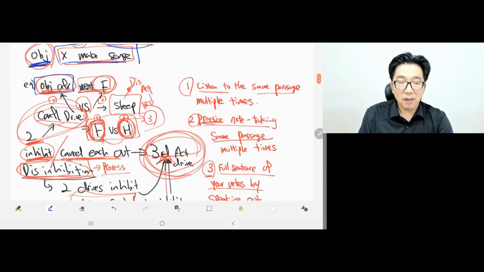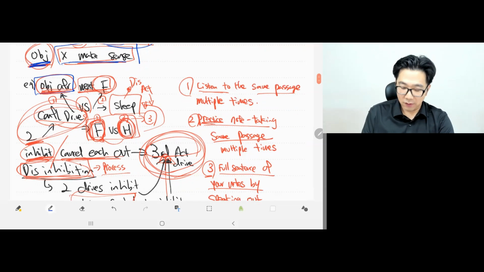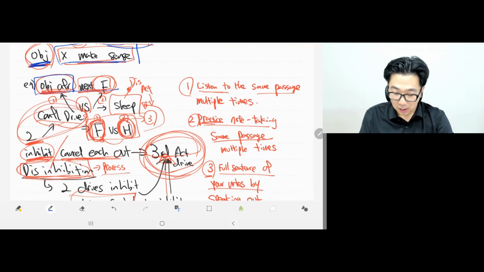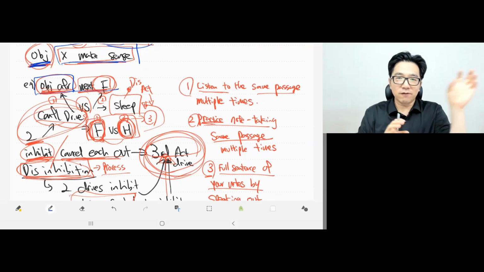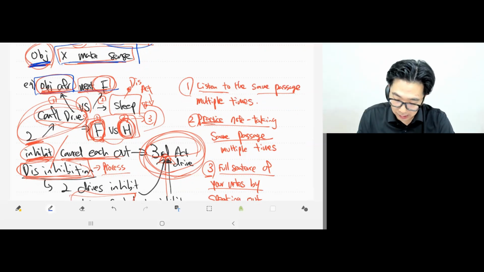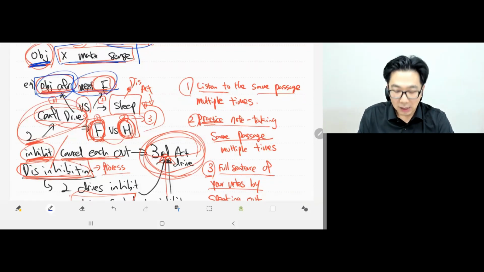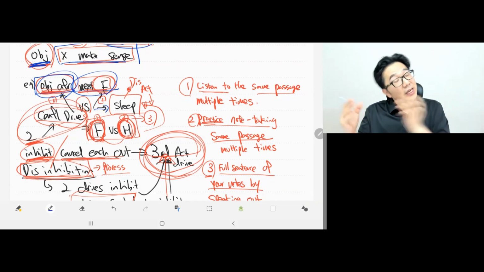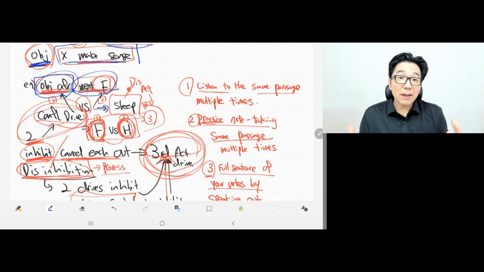Okay, another example, anyone? Okay, professor. So if the object the animal is afraid of was put next to the food, so the animal has two conflicting drives, then rather than running away or taking the food, if the animal suddenly sleeps, is this a good example?